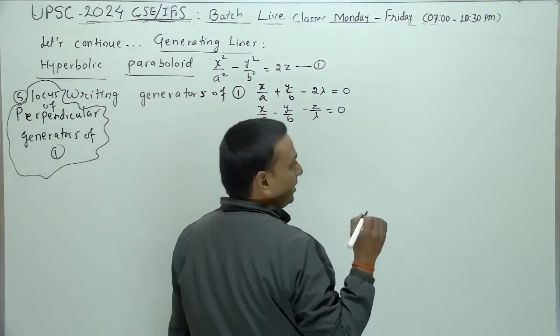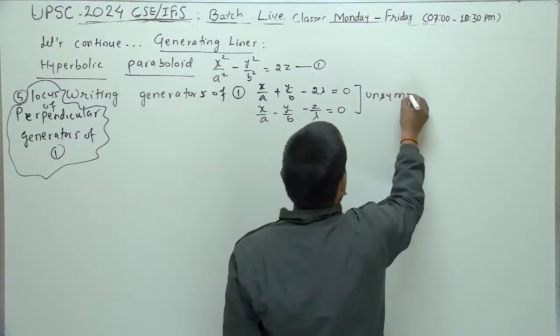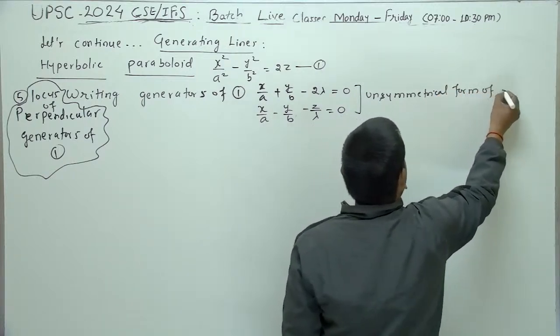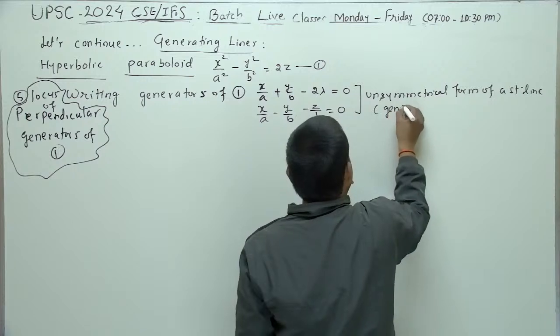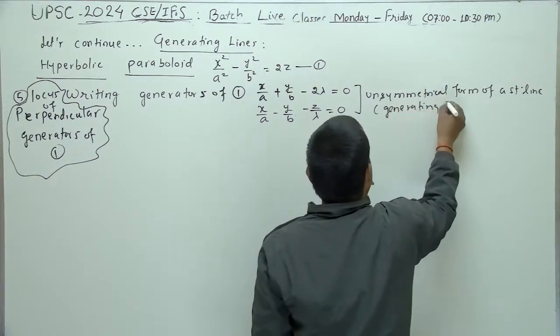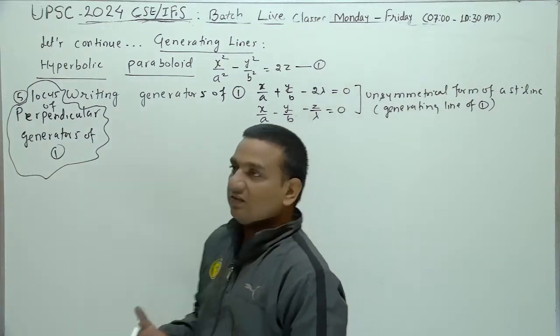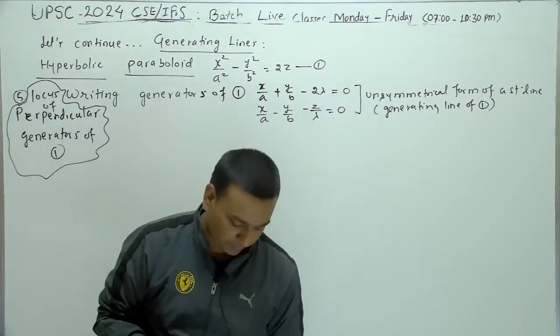So what I told you in the previous lecture as well, this is the unsymmetrical form of a straight line, which is for us is a generator or generating line of 1. So to get the DCs or DRs of a line given in the unsymmetrical form, what we do?